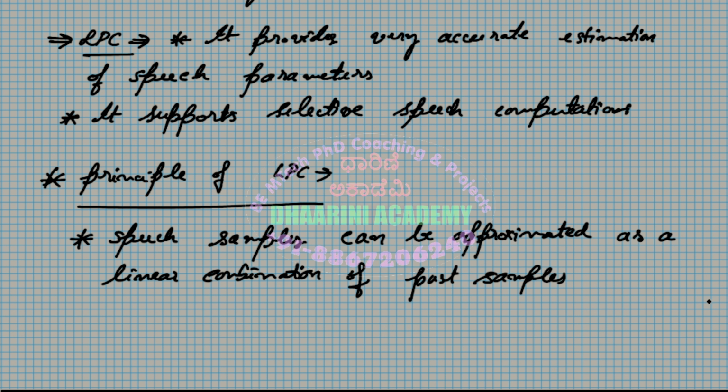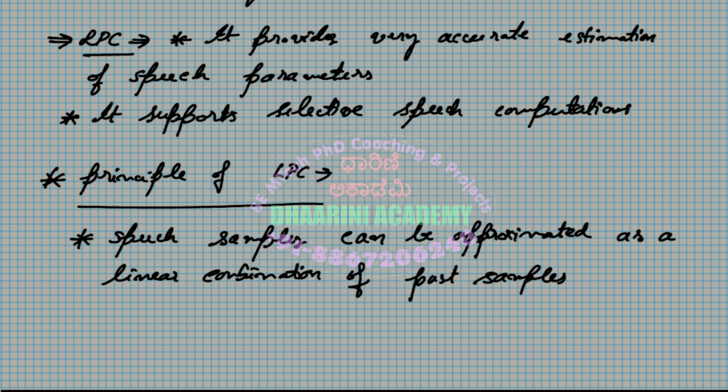If you look at the representation, the current sample is denoted by x of n. Past samples will be x of n minus k, with k varying from 1 to some past value p. I might have access to the past 10 samples, let's say, so p equal to 10: x of n minus 1, n minus 2, n minus 3, up to x of n minus p.